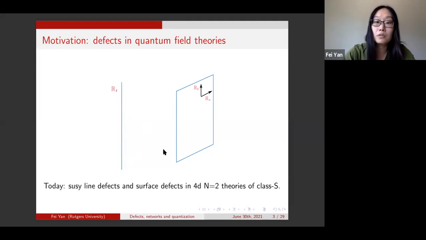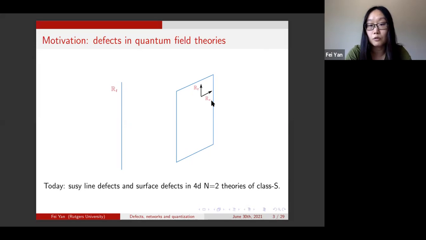For example, one could consider a surface defect, which extends, say, along the time direction and one of the space dimensions. Notable examples are Gukov-Witten-like surface defects, which are defined also in a disorder way, similar to the 't Hooft line. Namely, you define the defect by specifying singular conditions on the bulk fields in the neighborhood of the defect.